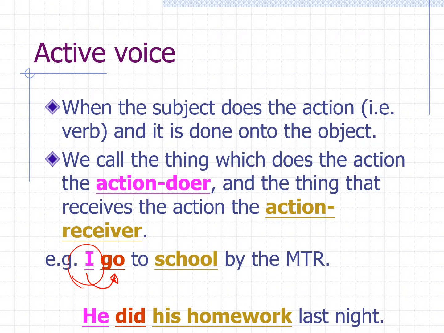And the object in this sentence, the school, is not doing any action. Instead, the action of going is done onto the school. So the school is the action receiver. All right.